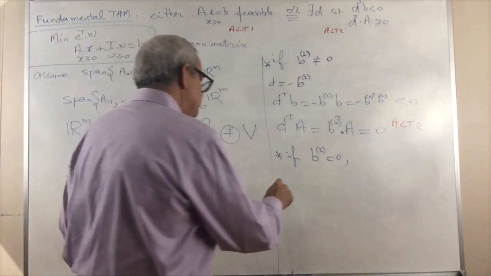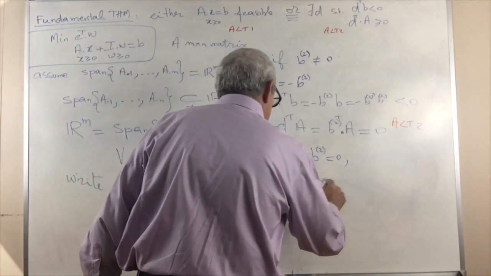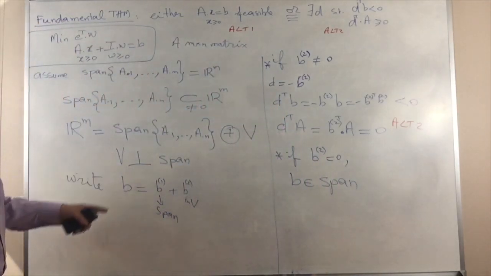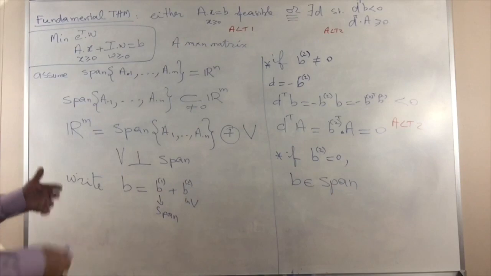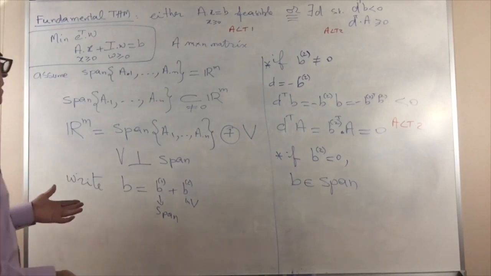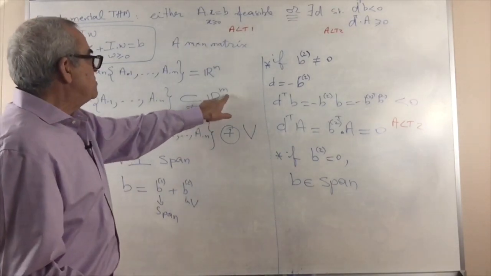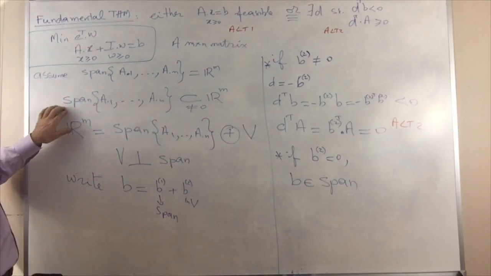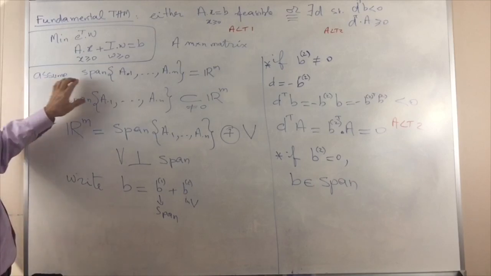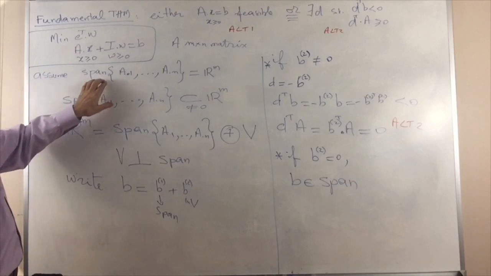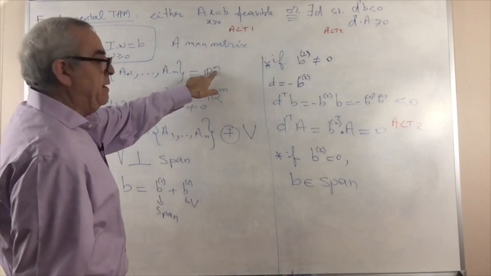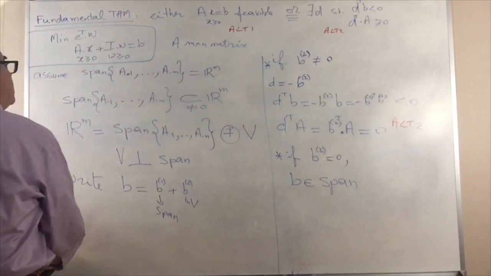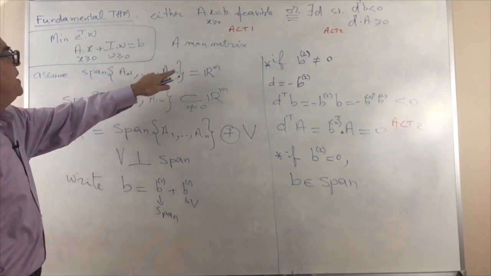So B belongs to the span, and therefore, by changing variables, by going to a lower dimension Rk, to this vector space, the span of A1 through An, I am just like in this case here, but with a lower m. So here we're going to assume without loss of generality that the columns of A span Rm.